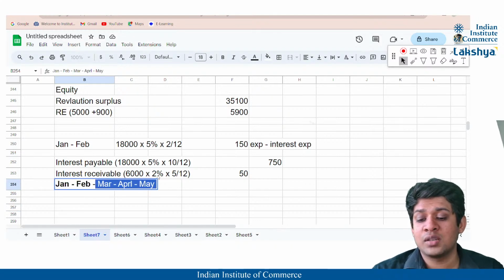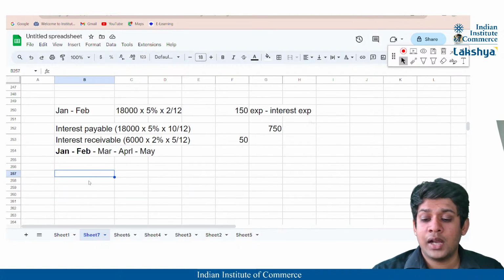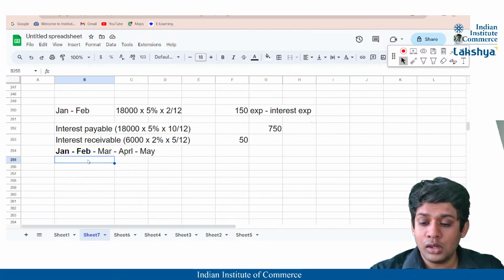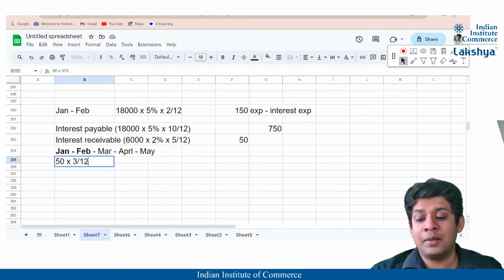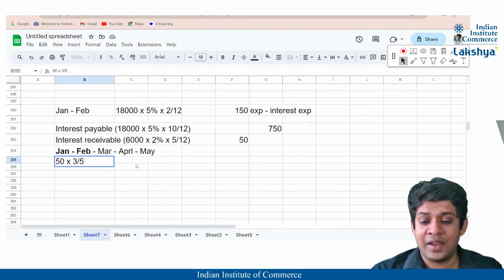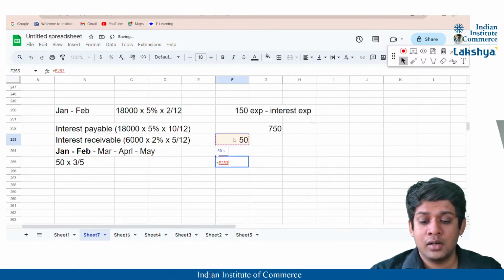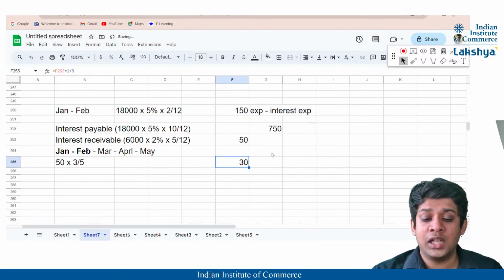It began from 1st March. So only for these 3 months can I capitalize this interest income: March, April and May. I cannot capitalize for Jan and Feb. So from this 50 also, I will capitalize only 3 divided by 5. 5 months is that. So 50 into 3 divided by 5 is going to be 30.